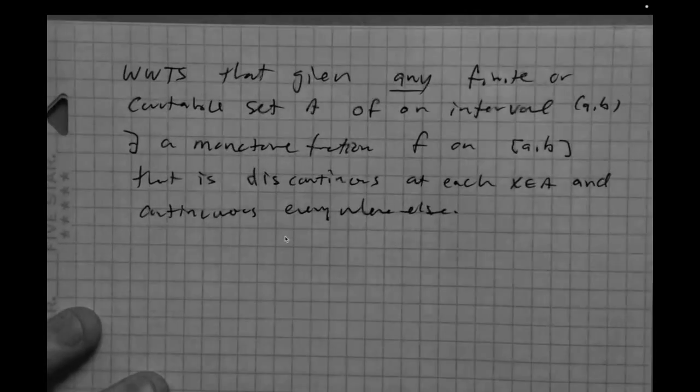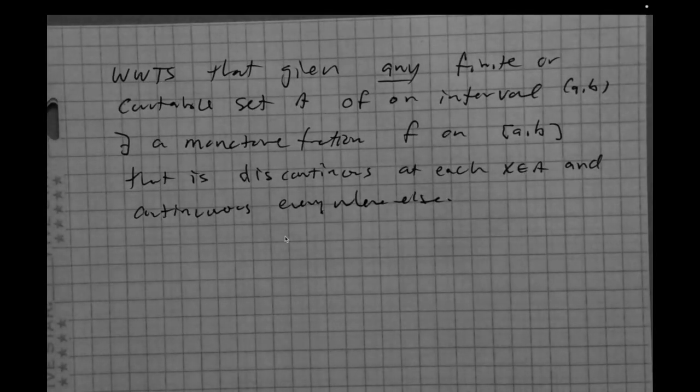Right? So you give me an interval A to B, and you give me a finite or countable set A. And what I can do then is build a monotone increasing function on that interval, defined everywhere on that interval, and it is discontinuous at every x in A. And everywhere else it'll be continuous.